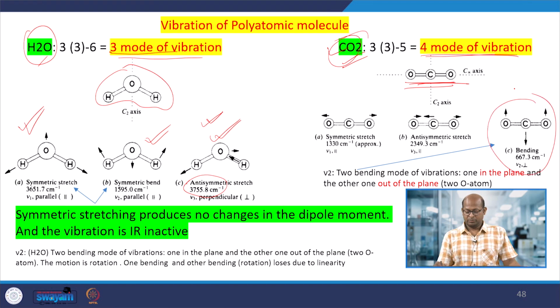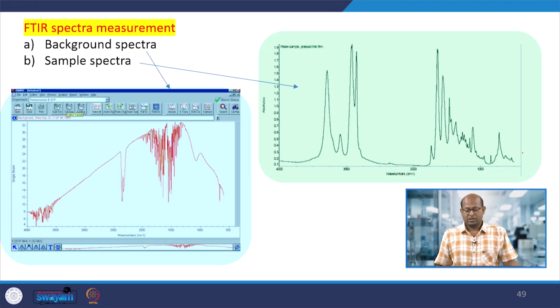The bendings may be one in plane and one out of plane. The asymmetric stretching comes at 2349 centimeter inverse, which gives a much stronger signal. At the same time, bendings we can also get in the FTIR spectra.